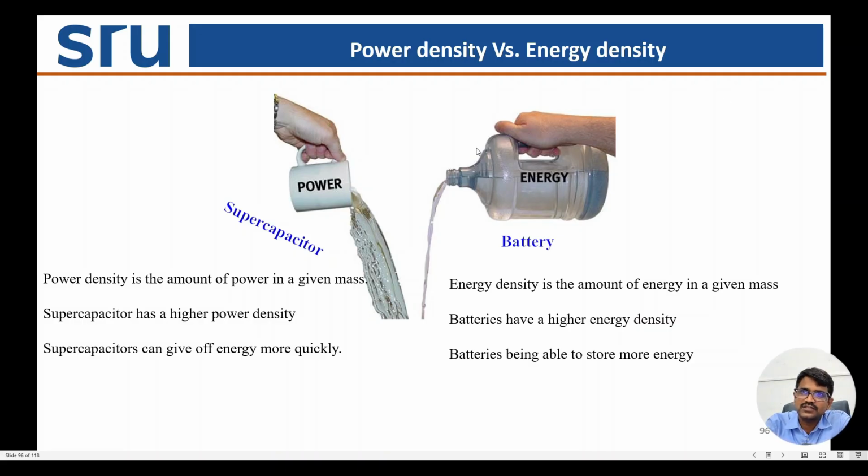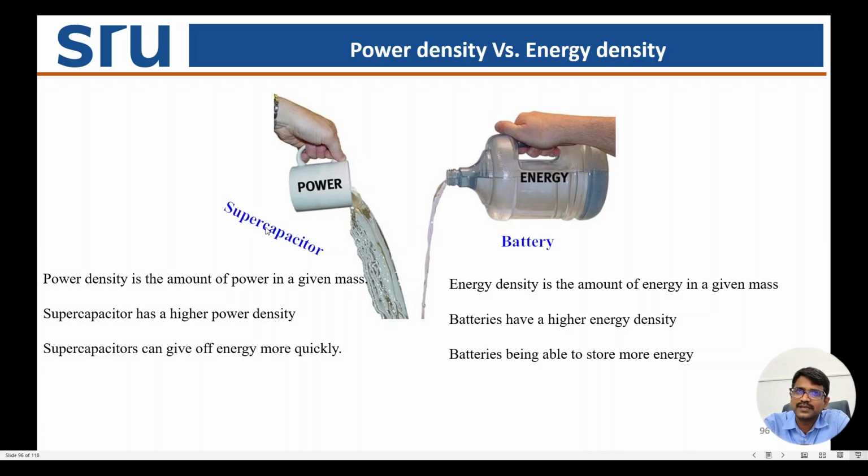But battery, see this bottle, this bottle takes time to charge, and it slowly delivers the energy. But what is the major difference here? This cup stores a little water, but this can store more water.